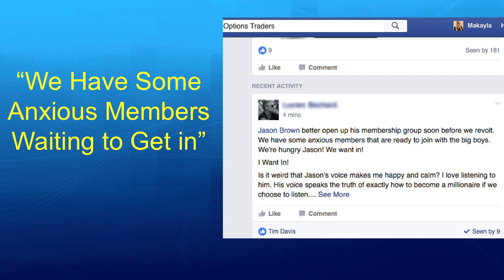I want in. So here's the thing. I was like, well, I'll share my trades with a small group of people who are serious, who want to know how I'm doing it, which trades I'm picking. I would get that all the time: what trades are you in? What are you buying? What are you selling? Although I don't give recommendations, because I'm not a licensed broker and I don't ever want to be, I don't want to manage people's money, but I do want to teach people.